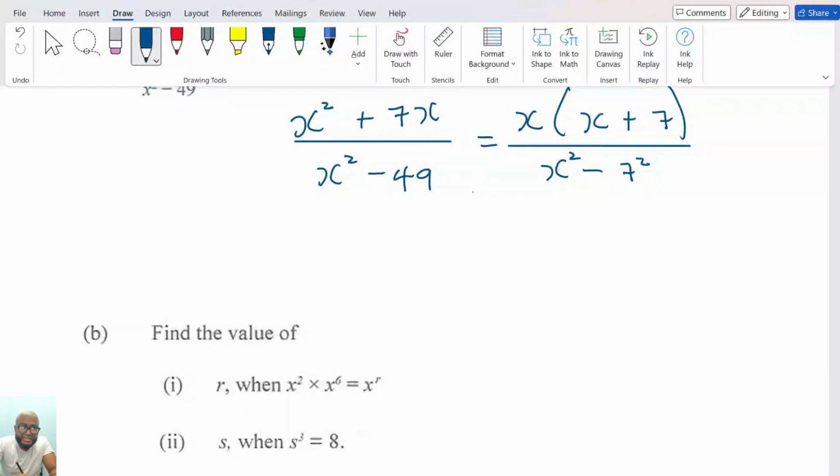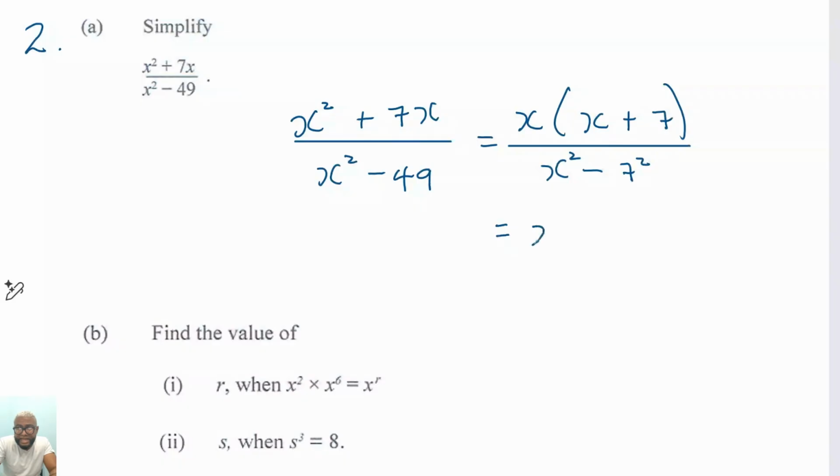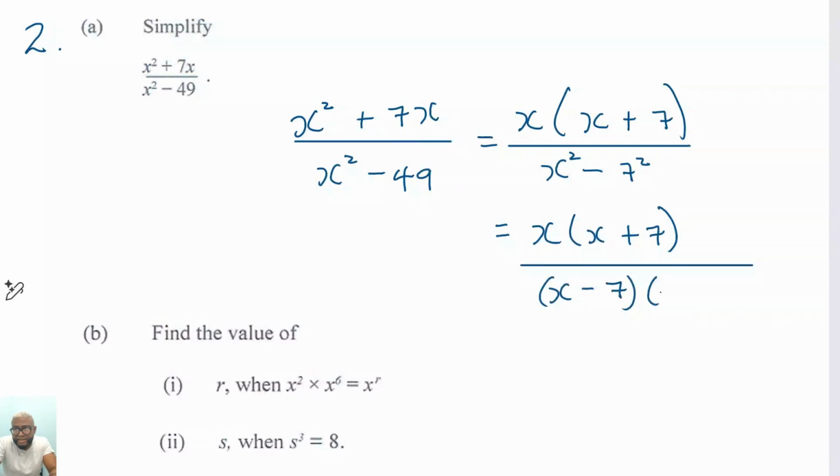So in the next line, I'm going to express it as the difference of two squares. So I put back the x into x plus 7 over the difference of two squares, which will be x minus 7 and x plus 7. So what can cancel here now if we want to simplify this?